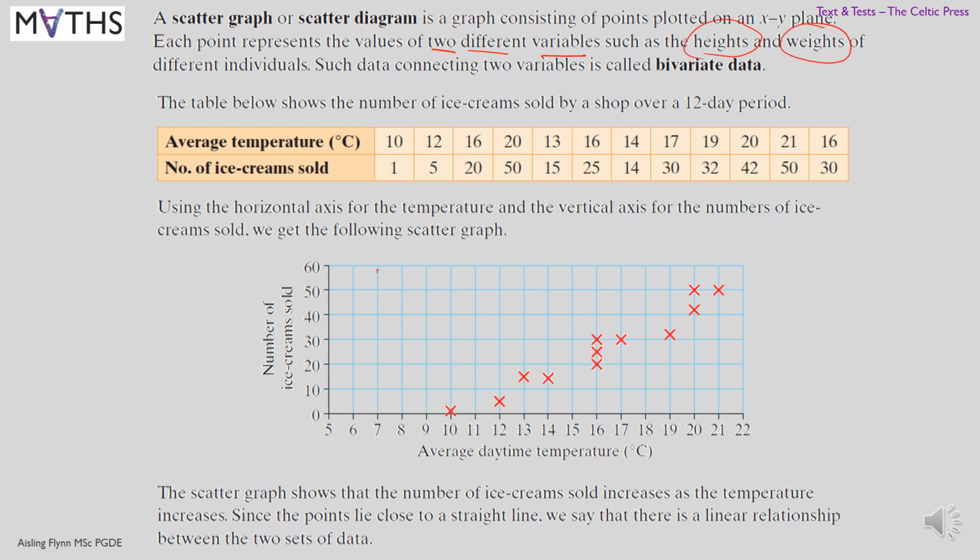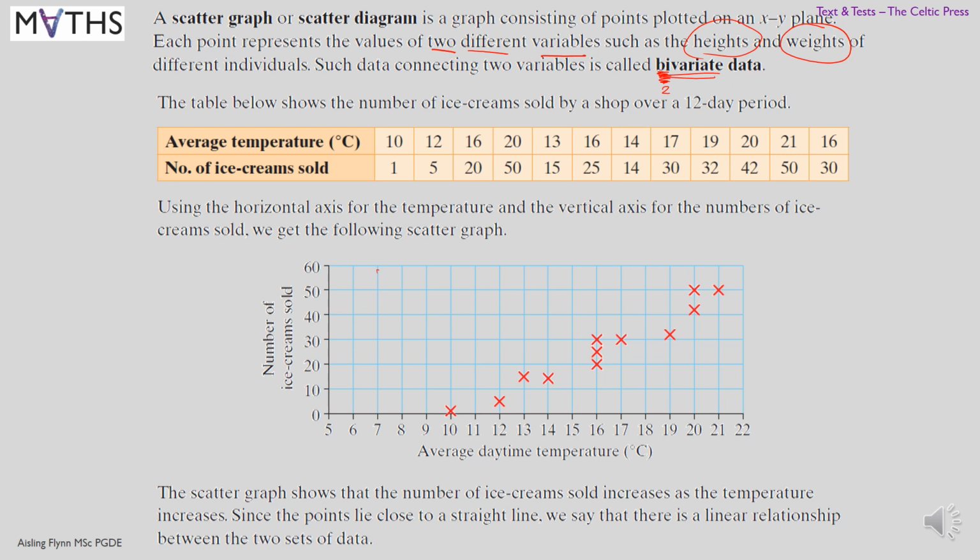So that's two measurements of different individuals, of people. Such data connecting two variables is called bivariate data. So bi refers to two, two variable data.